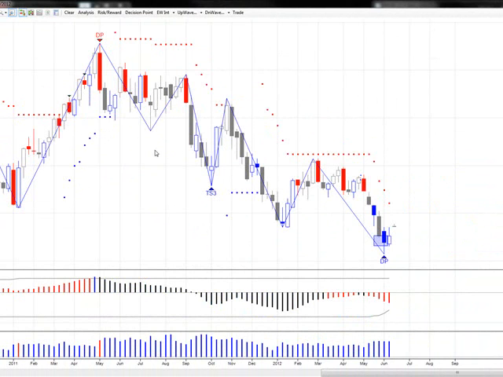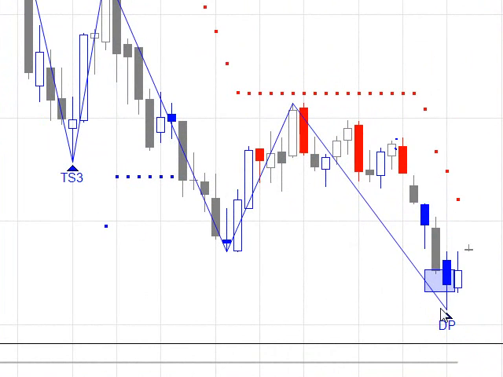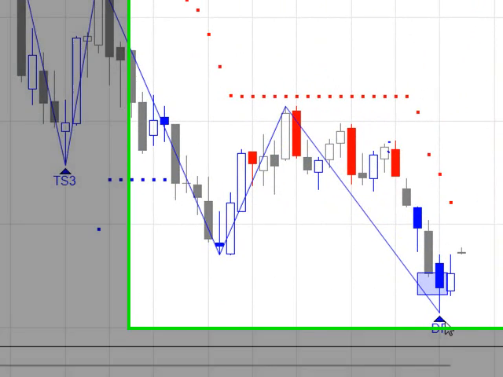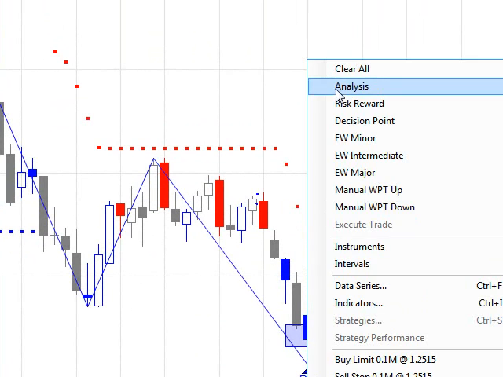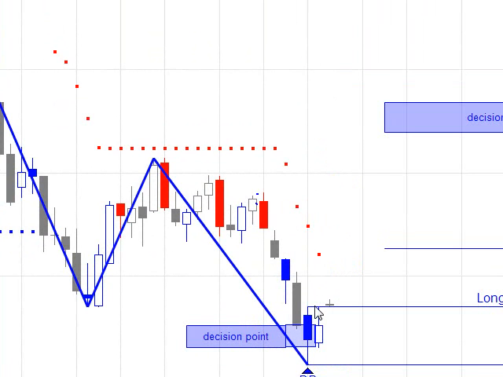Here now is the Euro US dollar, and I told you last week we had come into some major support in the euro here. There was also a decision point buy signal that had you in at the end of last week.